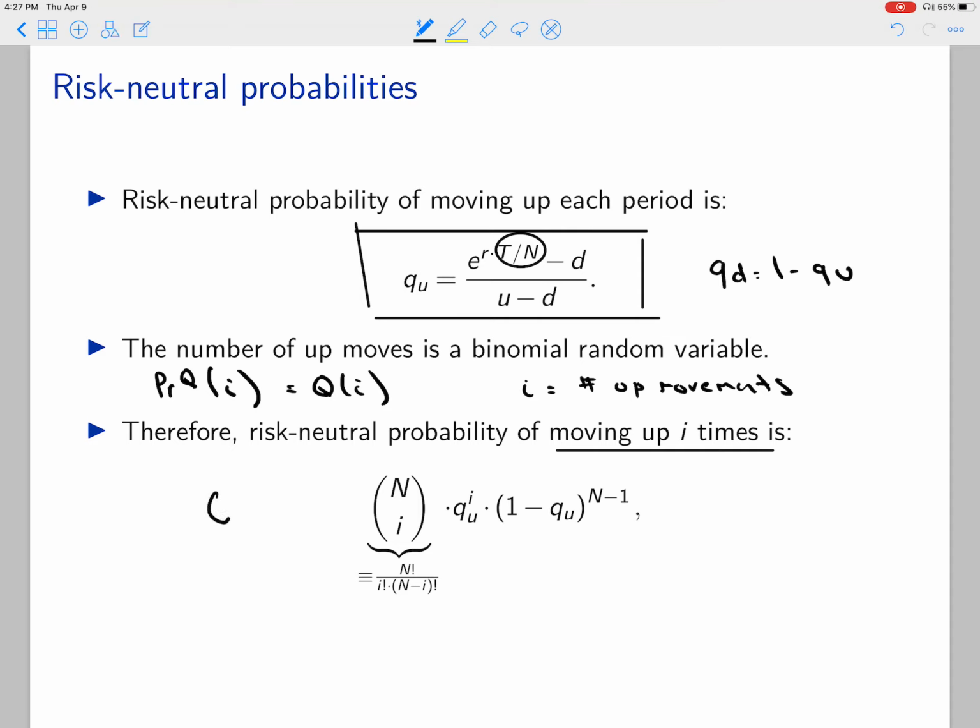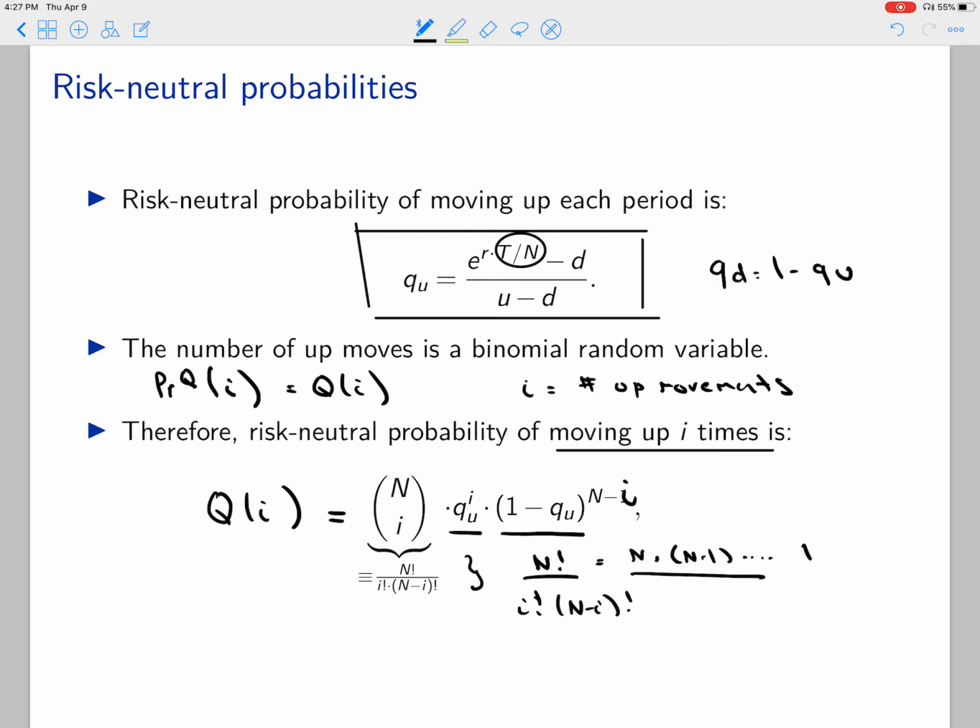The probability that this happens is denoted capital Q of I. It's equal to n choose I times QU to the I times 1 minus QU to the n minus, excuse me, this should be I right here. Where n choose I, remember from Stats 101, is just n factorial, which is n times n minus 1 all the way to 1, over I factorial times n minus I factorial.